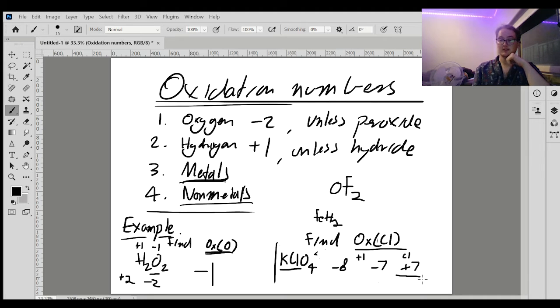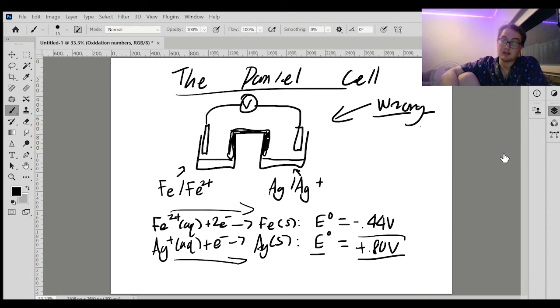So it becomes plus 7 Cl. If you know about chlorine, it's generally a very powerful oxidizing agent. So overall, this compound is a powerful oxidizing agent. It's used in quite a bit of organic chemistry. We'll learn about that later.